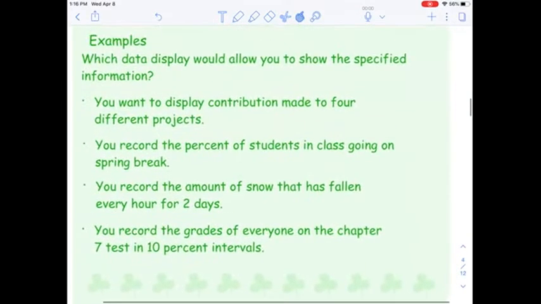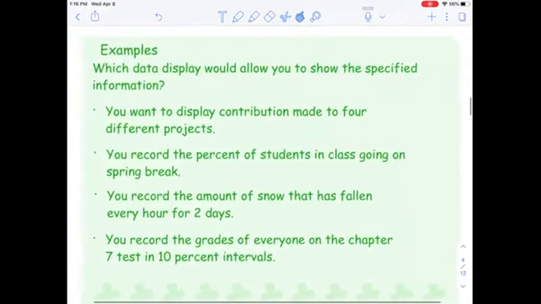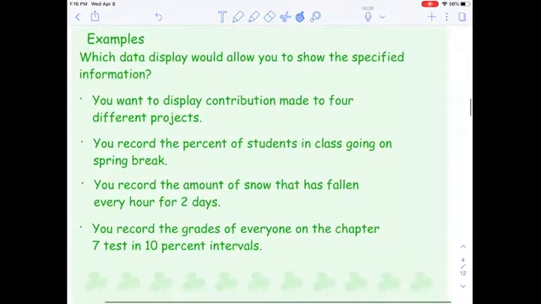Here's an example of a question similar to what is on the test. It says you want to display contributions made to 4 different projects. We need to figure out which of those choices is best to use. So I know we're displaying data and there are 4 different projects.